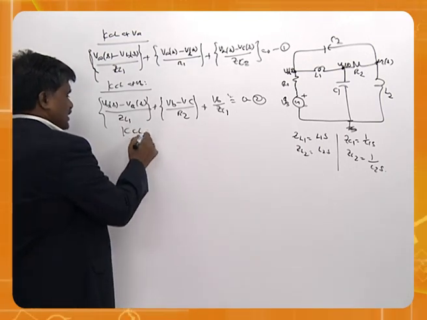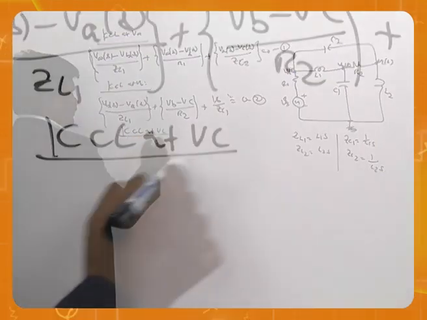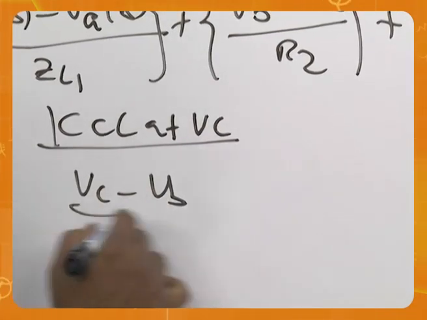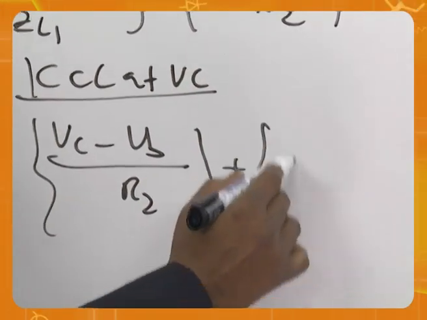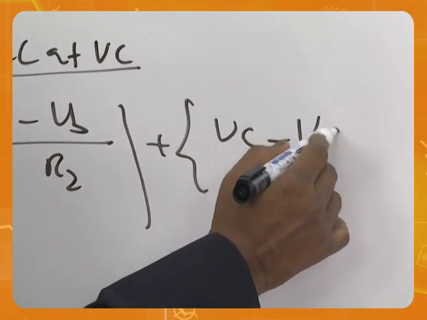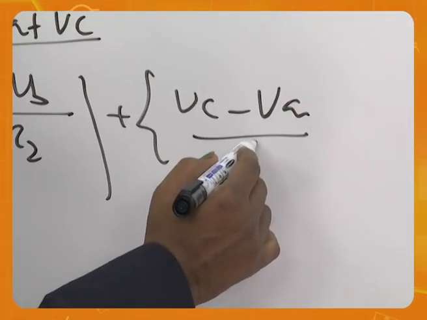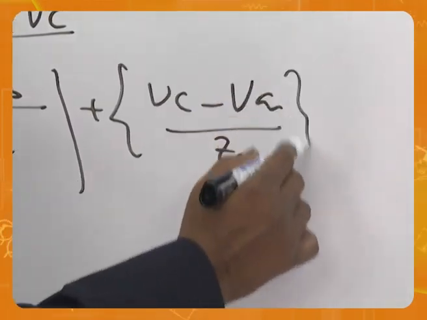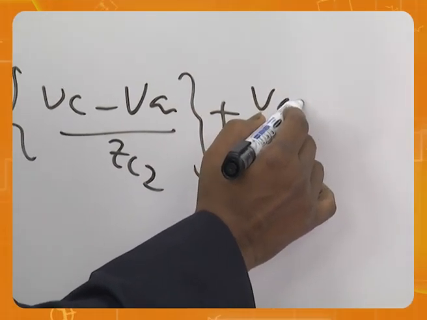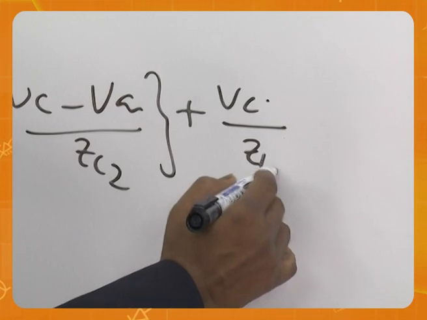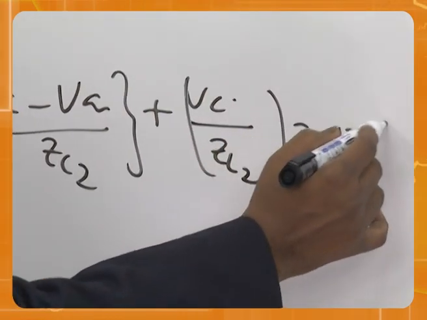Then coming to the third equation, we will say KCL at VC: VC minus VB by R2, plus VC minus VA by ZC2, plus VC by ZL2, is 0.